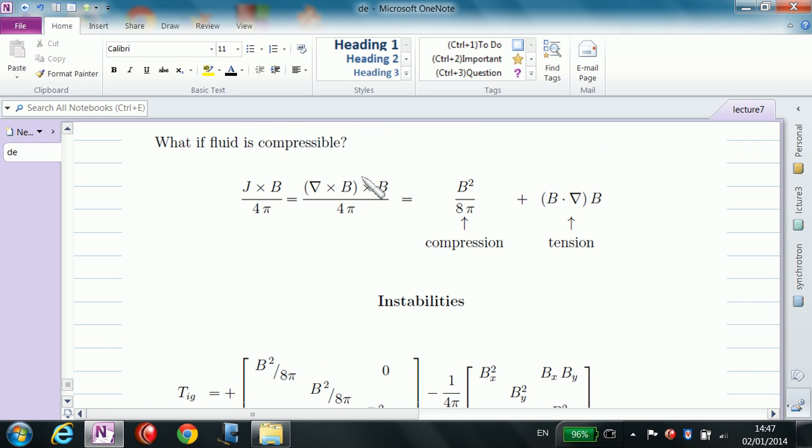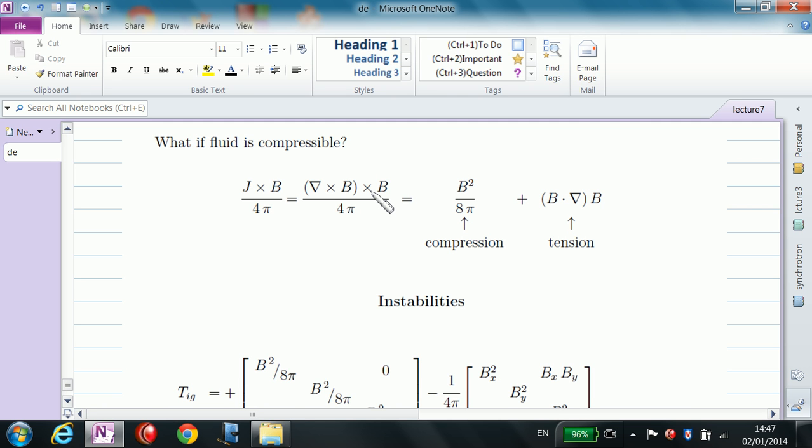If the fluid is compressible, in general, for a large amplitude alpha wave, as I said, to second order in B there's no change in density, so it does not couple to acoustic waves. But in higher order nonlinear processes, an alpha wave can decay into a sound wave plus another alpha wave.